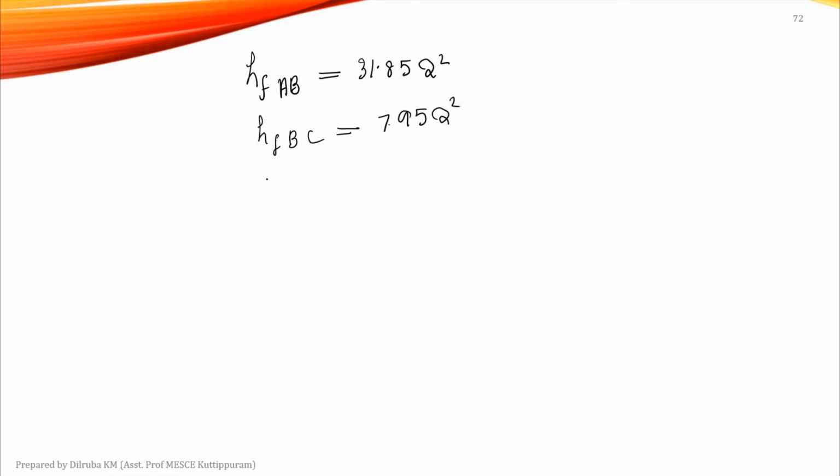From the equation, h of ABC is equal to h of AB plus h of BC. And what is h of ABC? We know the total head loss, that is 0.3.